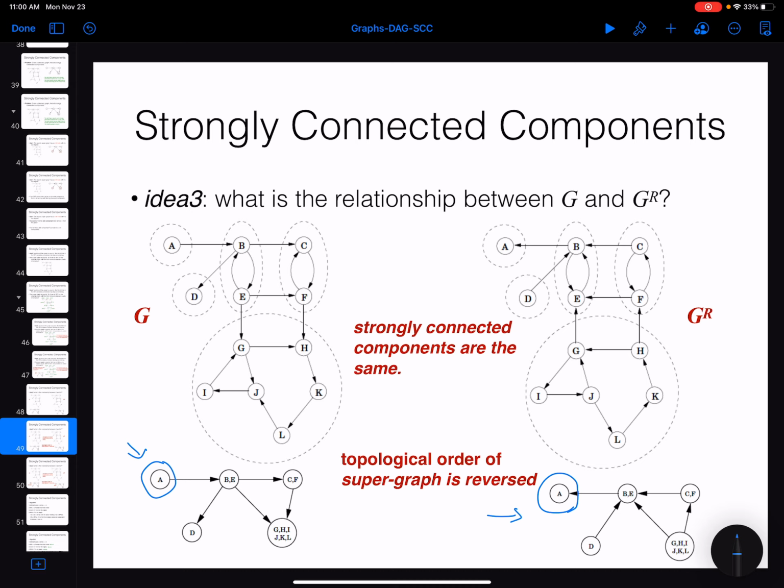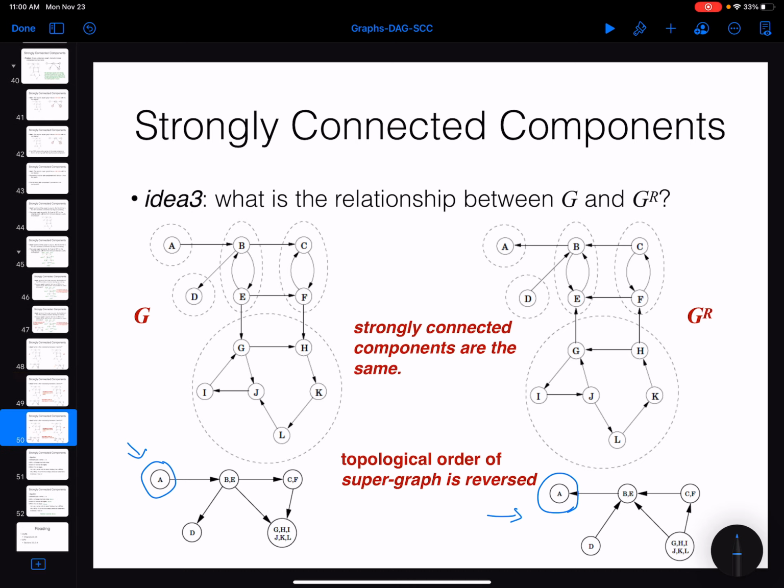If I can find a node from a sink node, I can find a strongly connected component of that as well, right? So what I can do here is run the DFS over the original graph and find a node which is going to be a part of a source component.